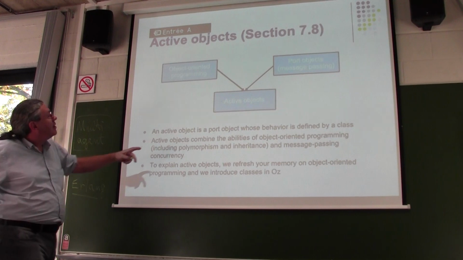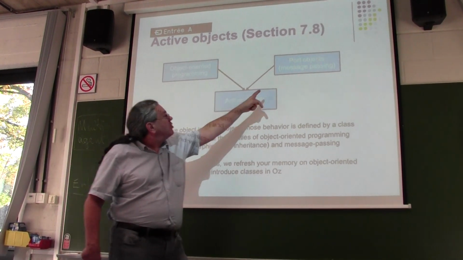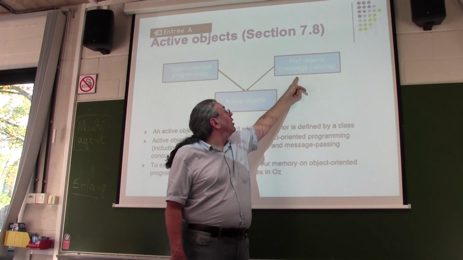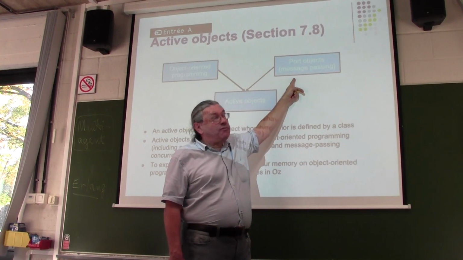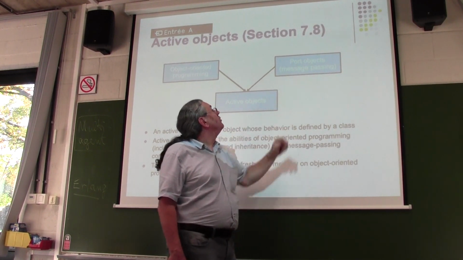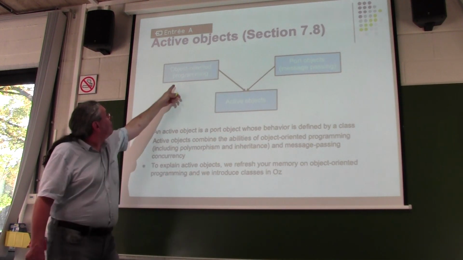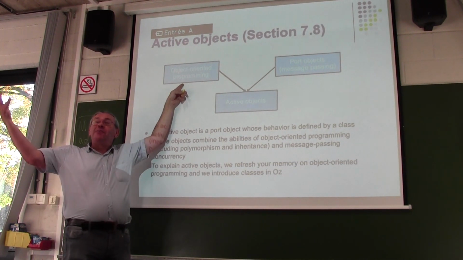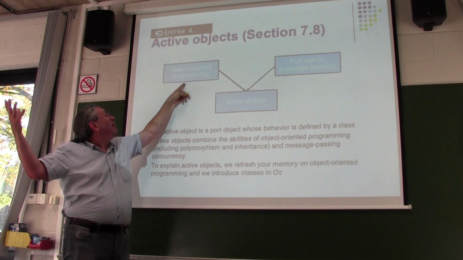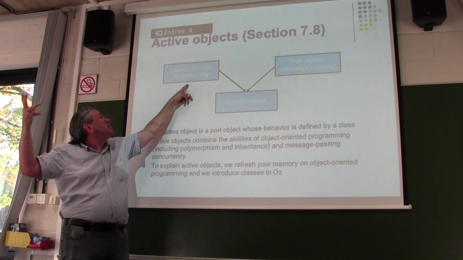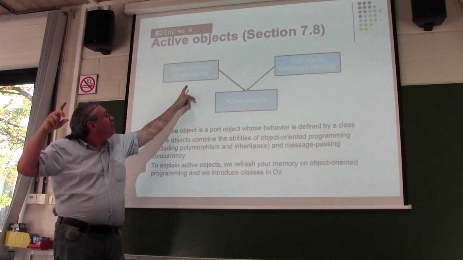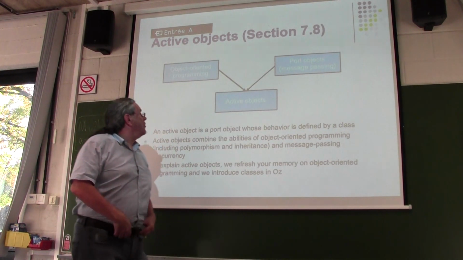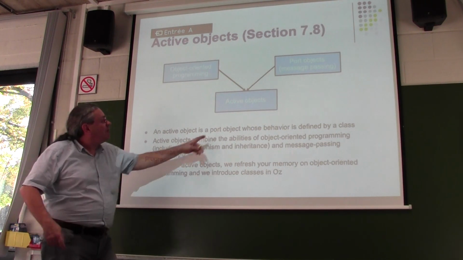Okay? So here we have port objects. This is the one I just showed you. We have the state transition function and the fold. But here you have objects like we just saw in the first hour, which are defined by classes like in Java. But actually you can combine both of those, and this gives you active objects.